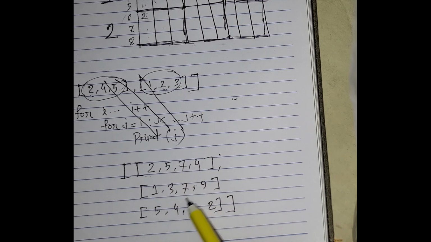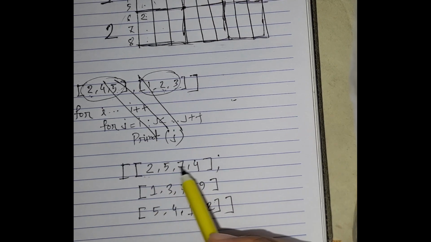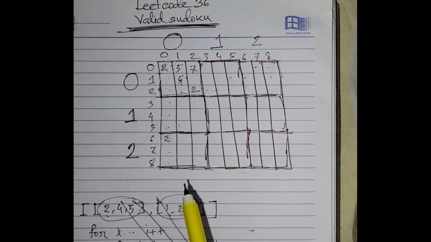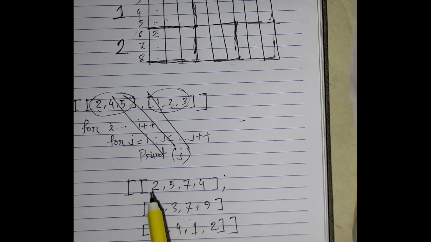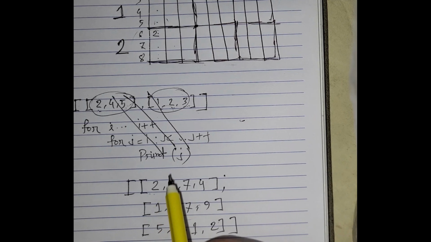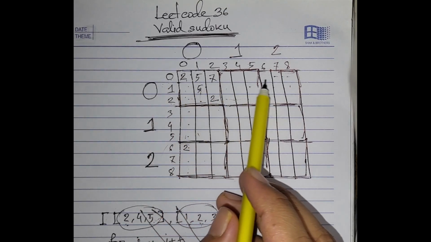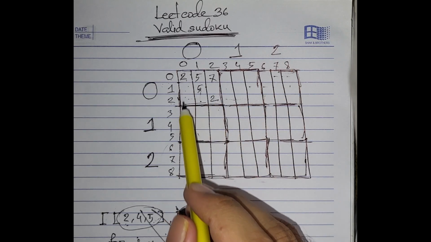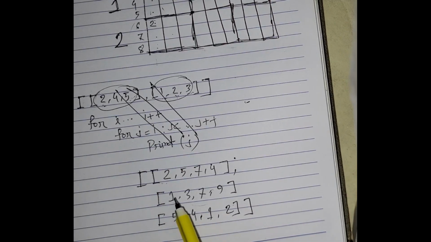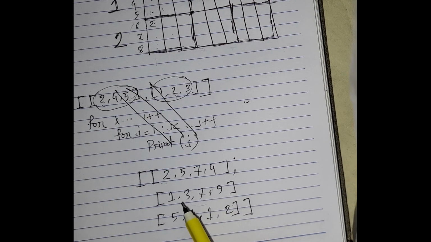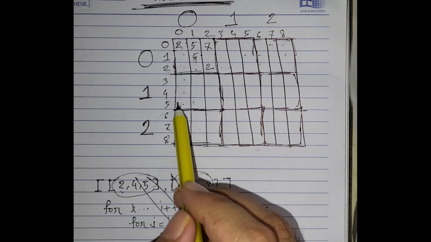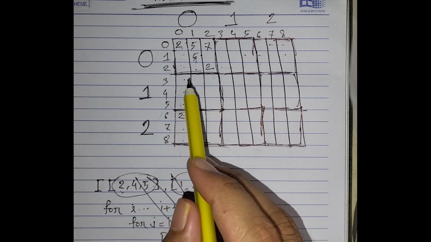So if you think about it, it looks like a sudoku board, doesn't it? If I just make a visual representation of this, that is the exact thing that is done right here. Instead of 4 items and 3 items here, our sudoku board has 9 items in each array and 9 arrays. So if you look at this, I have 3 arrays. Here I have 1, 2, 3, 4, 5, 6, 7, 8, 9 arrays, like this.